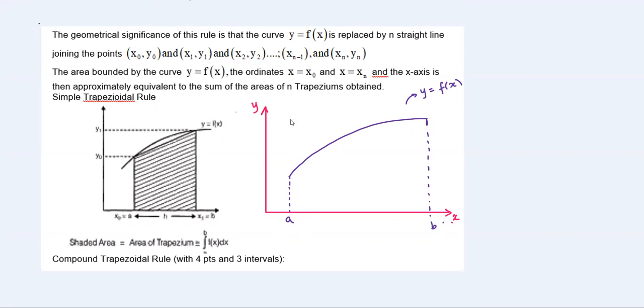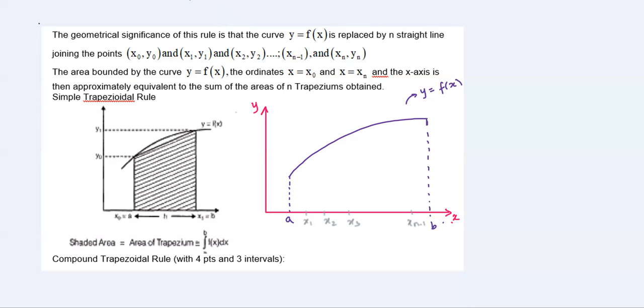Now what we approximate is this. This is x1, this is x2, this is x3, this is x(n minus 1).